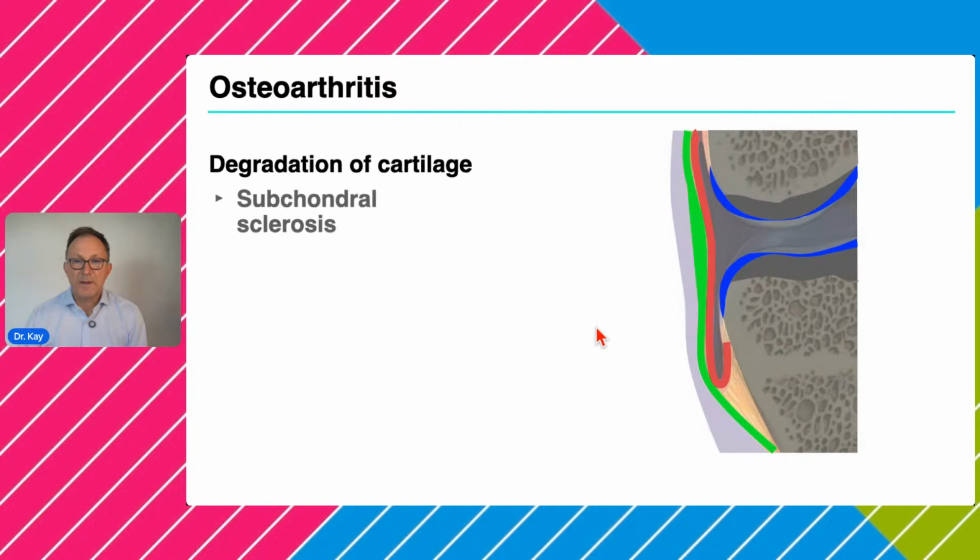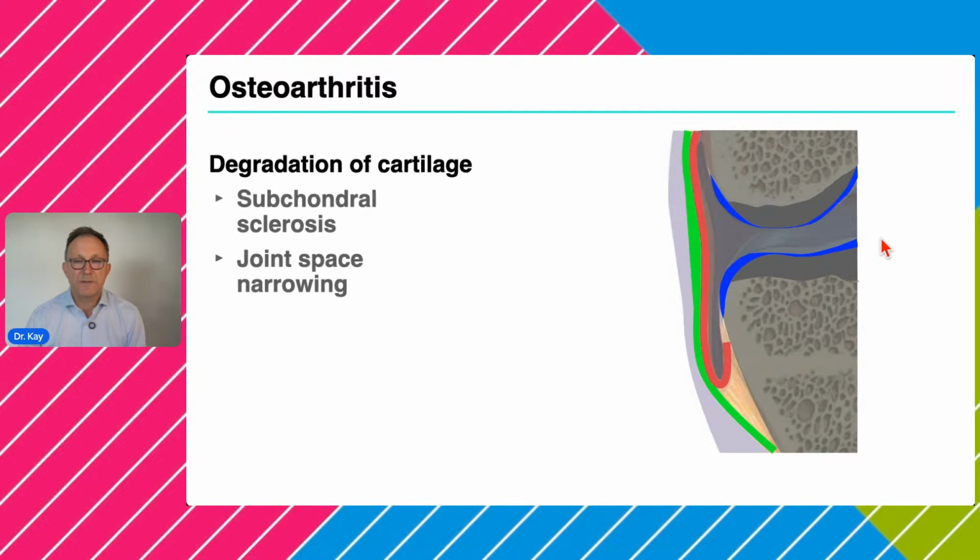So the healing mechanism in the joint is the new bone formation beneath the cartilage. It's a subchondral sclerosis that will develop. And subchondral sclerosis is one sign, but of course the cartilage is now much thinner than in the normal status of the cartilage. So there is a reduced joint space.